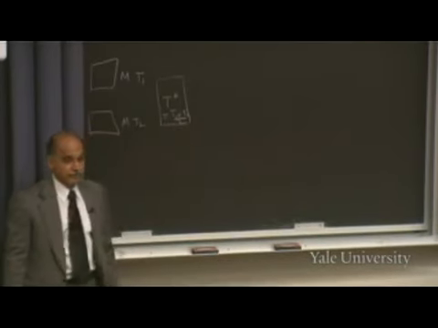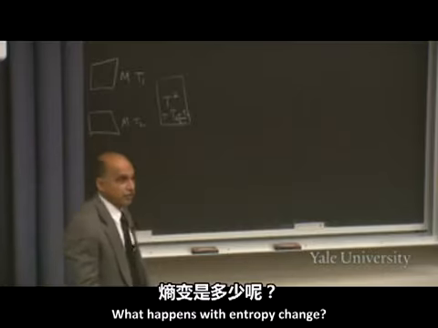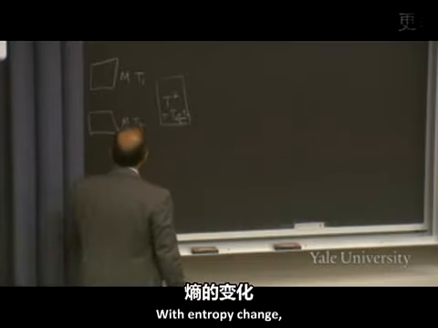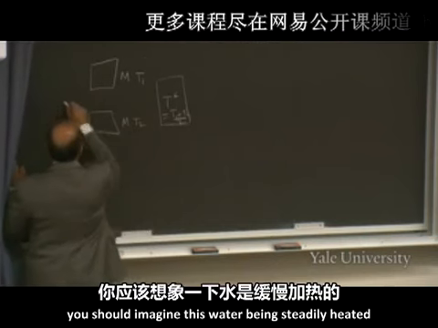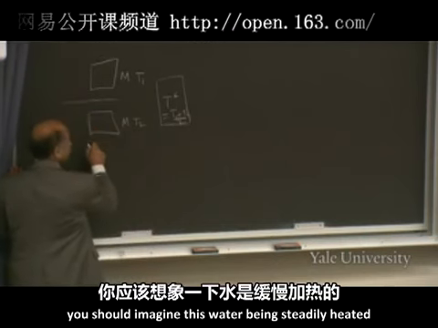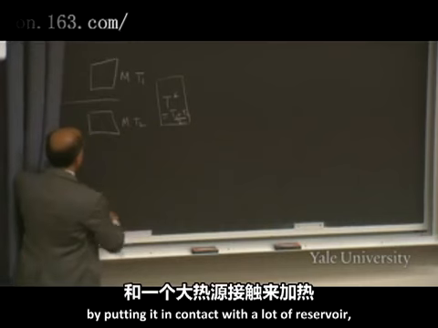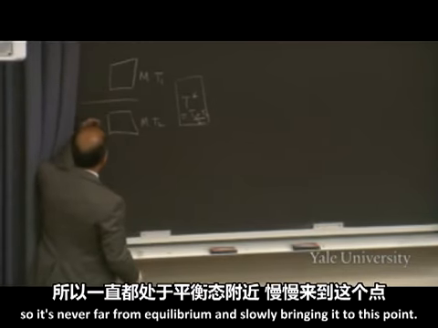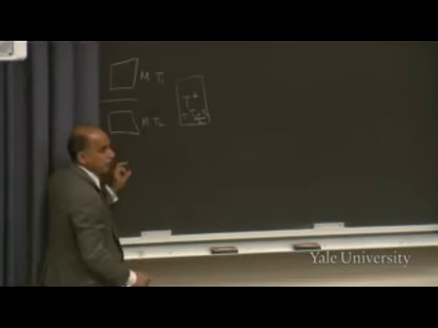But look at the entropy. What happens to the entropy change? For the entropy change, you should imagine this water being steadily heated by putting it in contact with a lot of reservoirs, so it's never far from equilibrium, and slowly bringing it to this point.